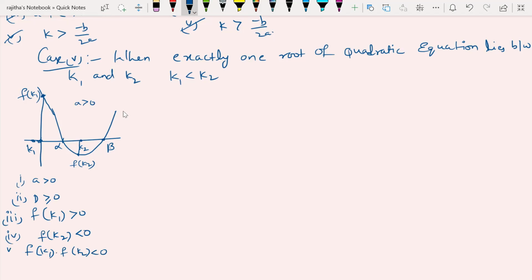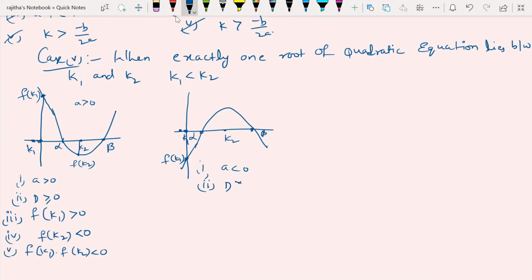Next, in this graph, here are alpha and beta, here is some k1, and here is some k2. Observe clearly. Here is some k1, here is f of k1. Here a is less than 0.